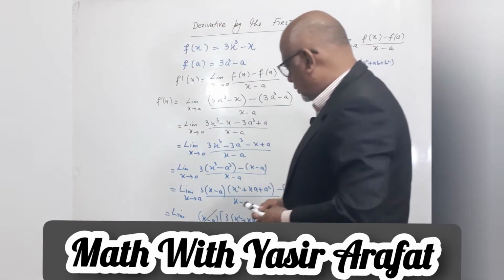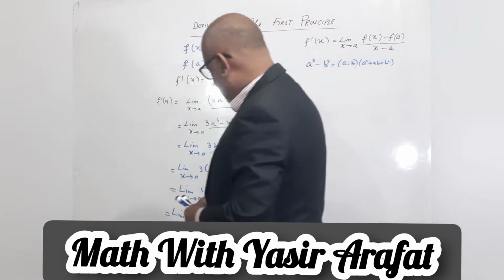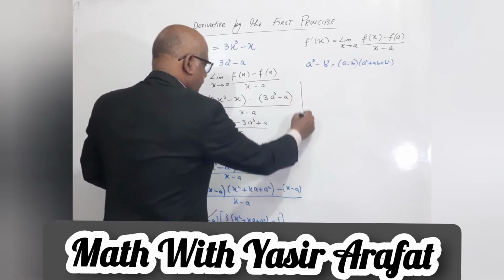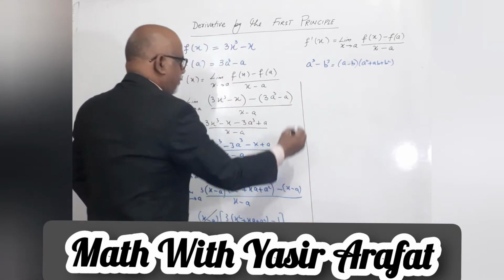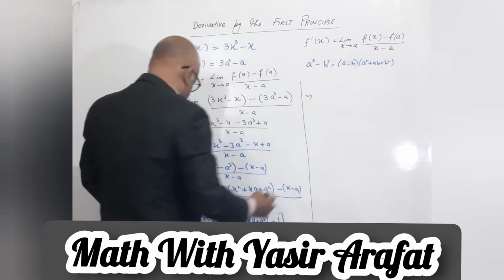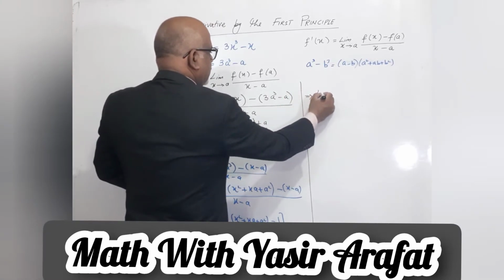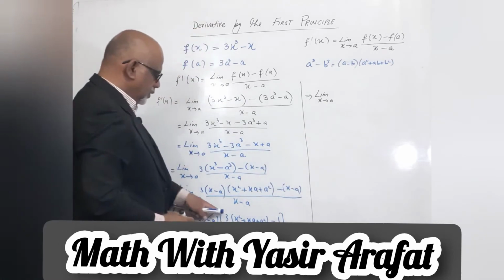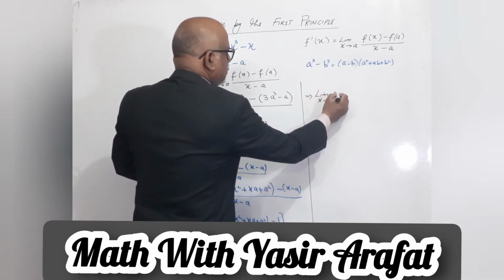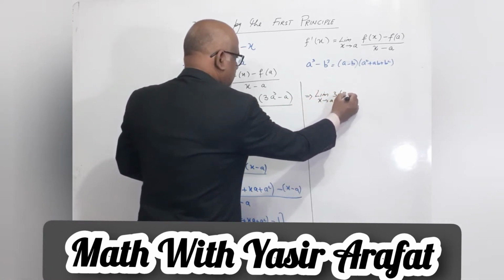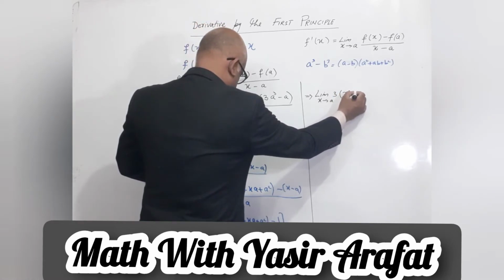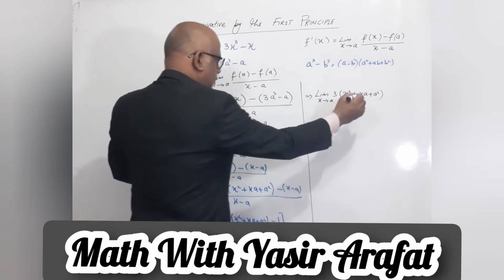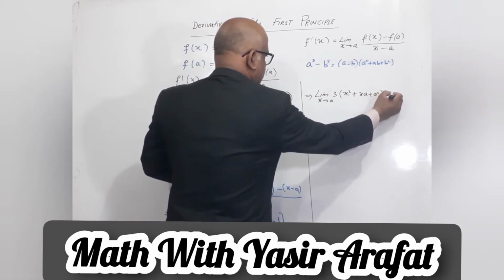So this is limit x tends to a, 3 times x square plus xa plus a square, minus 1.